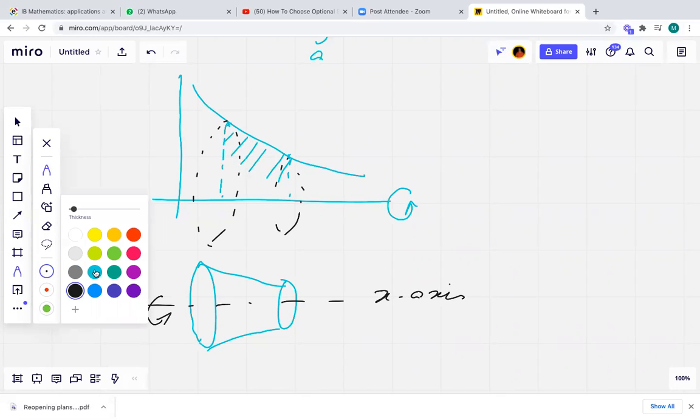This is whatever is the radius, and here it is this.